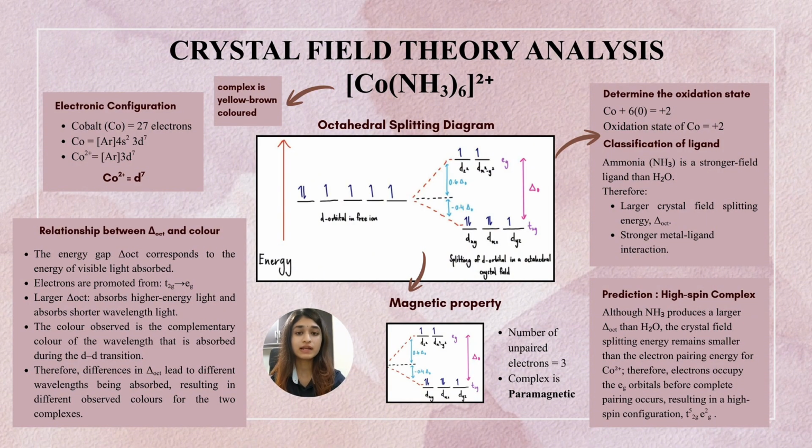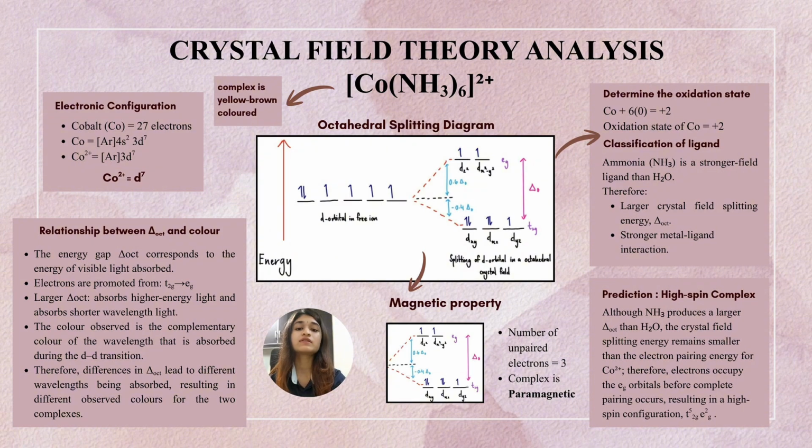As a result, electrons continue to occupy the higher energy eg orbitals before complete pairing occurs, giving a high spin configuration with an electron arrangement of t2g5 eg2. This configuration contains 3 unpaired electrons, so the hexaamminecobalt ion is paramagnetic and will be attracted to an external magnetic field.